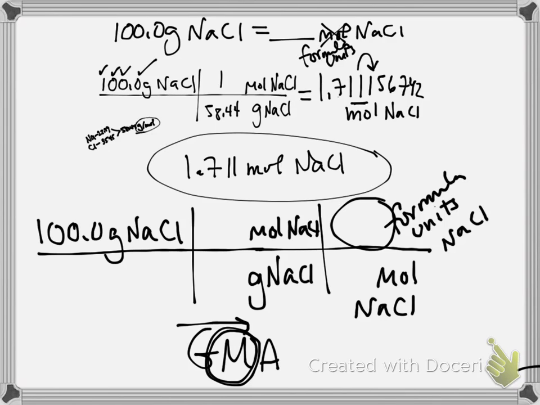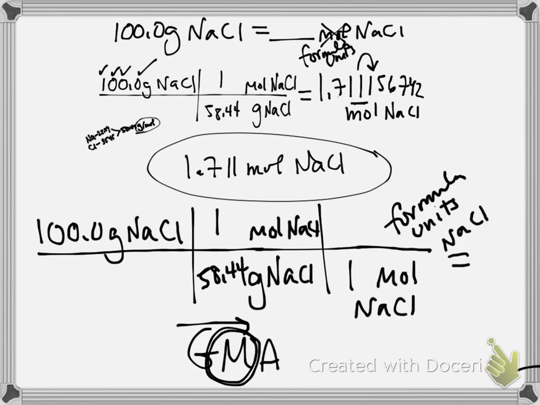All right, so we know that there's 1 mole for every 58.44 grams of sodium chloride, and we're looking for the number of formula units in 1 mole. Oh, wait, that is a conversion factor. How many formula units are there in a mole?